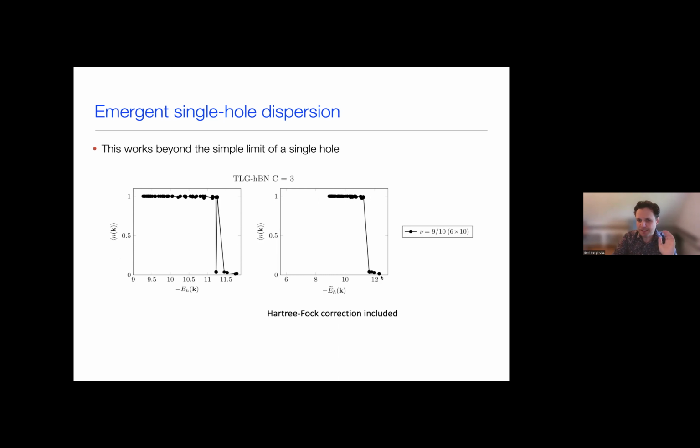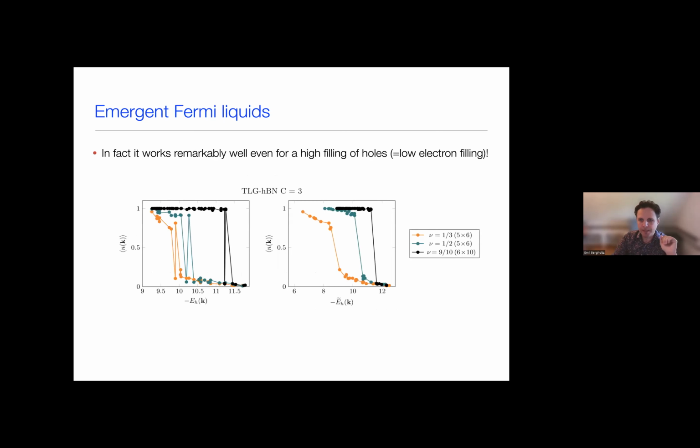So this might not be so surprising. If we're close to a filled band, then this dispersive term would dominate. But it holds true very far away from this filled band. So this is the tri-layer Chern number 3 system.